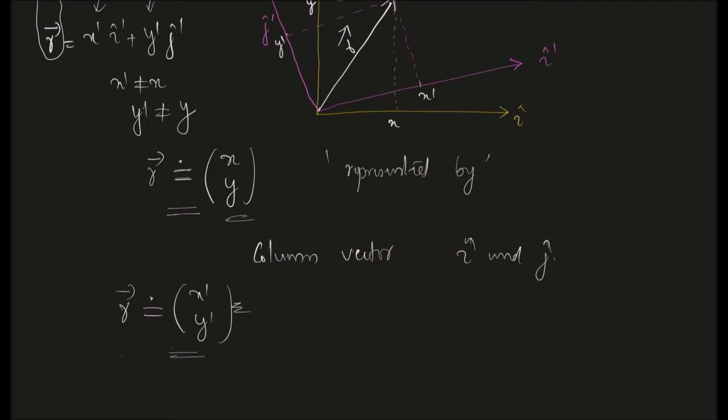Okay, so once a choice of basis vectors has been settled on and consistently used, we can proceed with the vector calculations using a new notation, using this column vector form.